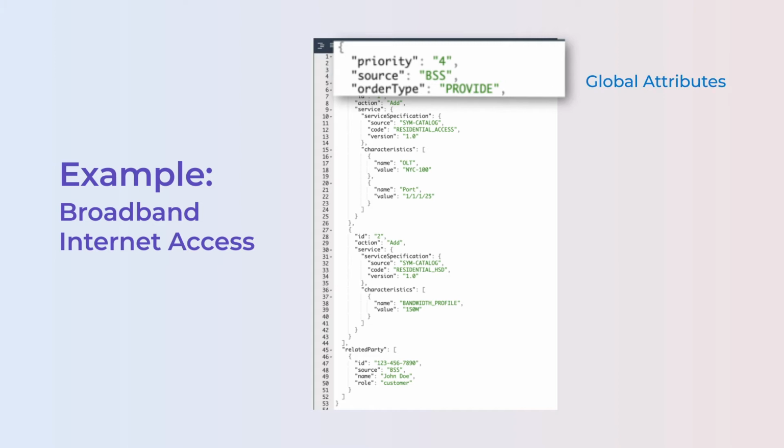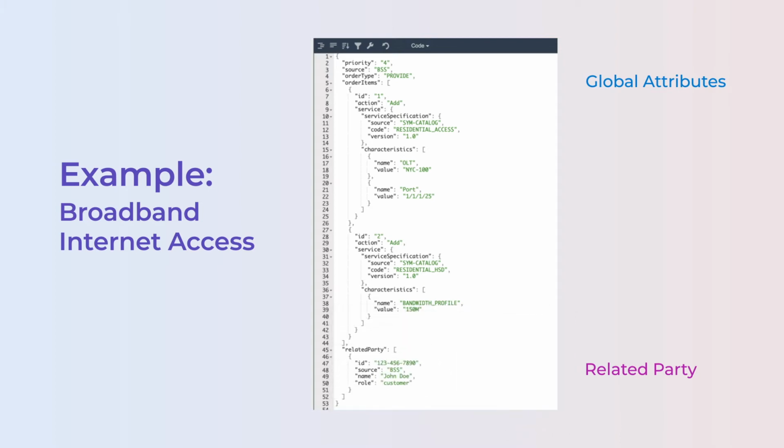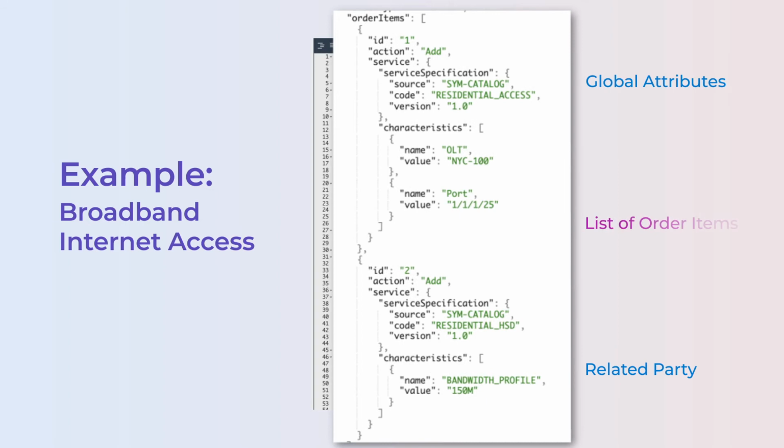Then, at the bottom of the order, you will see some information about the related party, which, in this case, would be the customer requiring the broadband internet service. Related party information includes the customer's identifier and the customer's name. The related party information is important to establish the relationship between the services and the customers in the service inventory database. In the middle is the most important part of the order: the order items list.